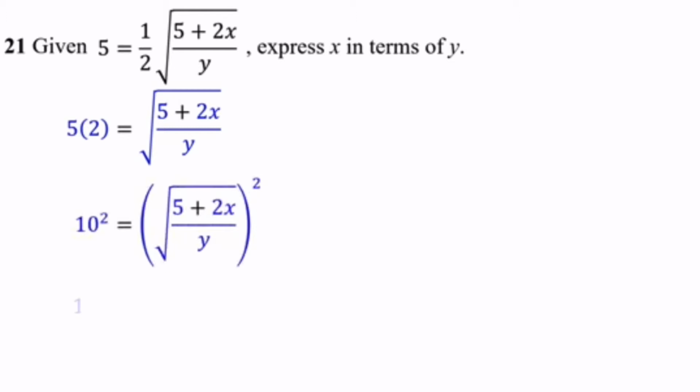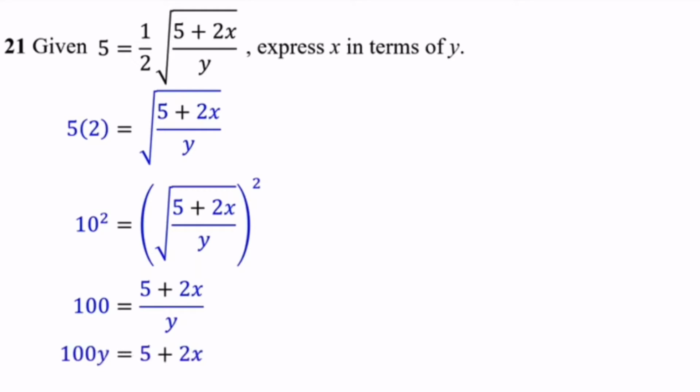Remember, when there is a square root, you need to square to cancel it out. So you have 100 equal to 5 plus 2x over y. Hence, you can solve by multiplying 100 with y, so-called cross multiply. So 100y is equal to 5 plus 2x.